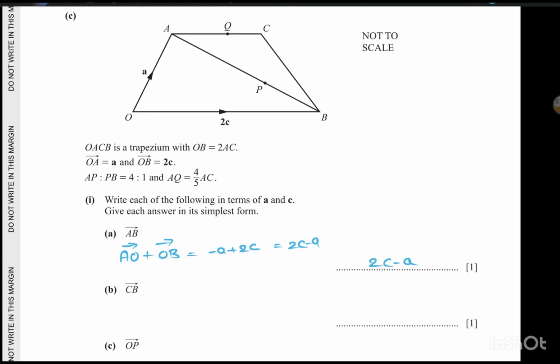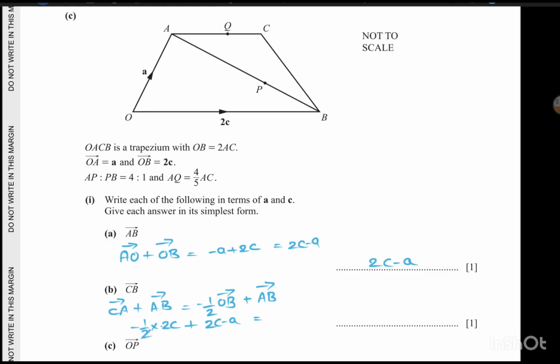So CB is CA plus AB, which is negative half of 2c plus AB, and AB we already got as 2c minus a.